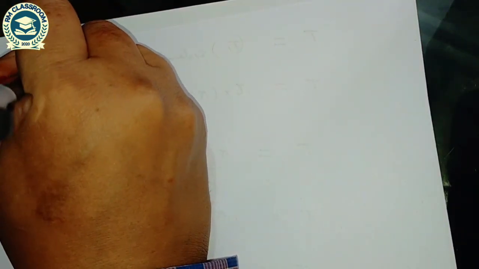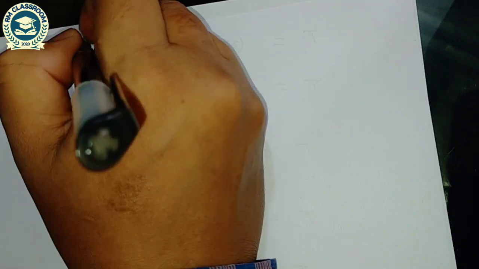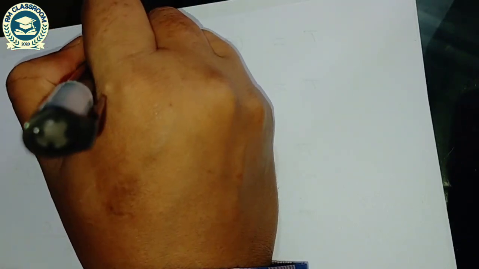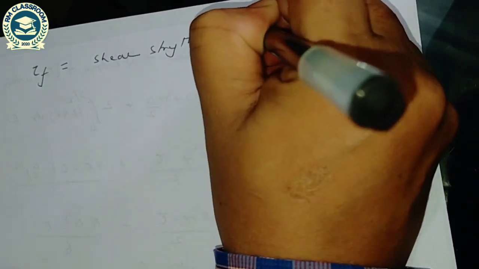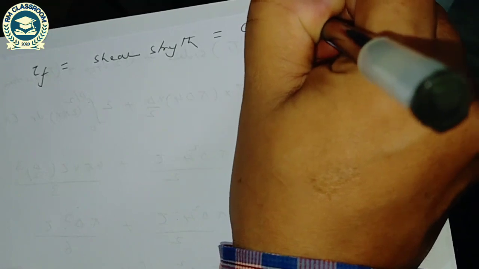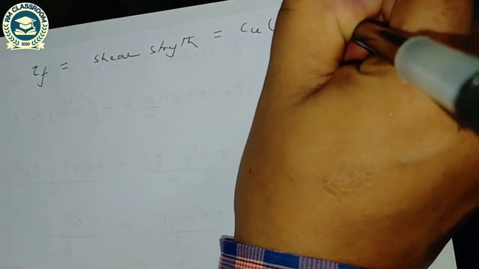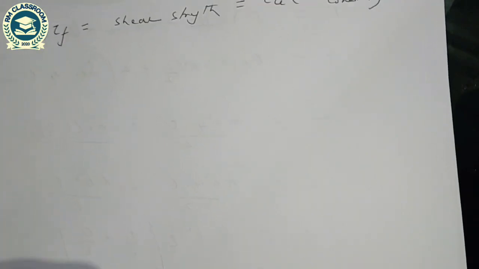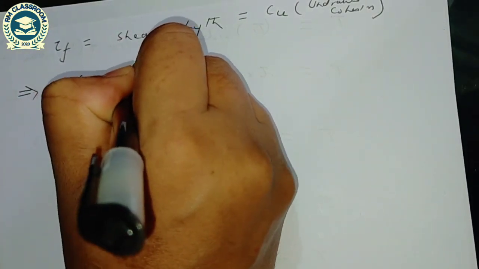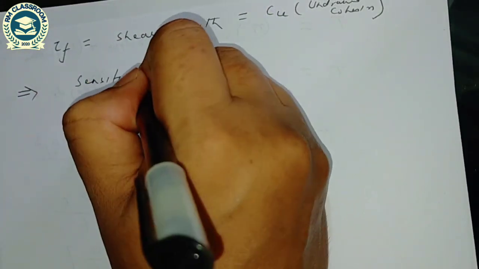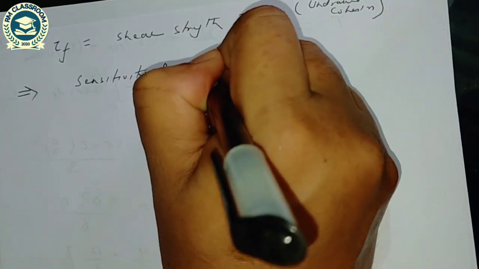So we know that tau f is the shear strength, and that is a function of undrained cohesion. So it can be written as, we know the sensitivity of clay.